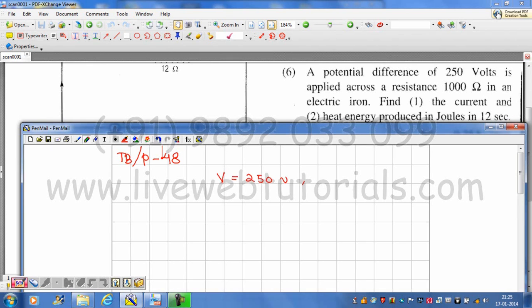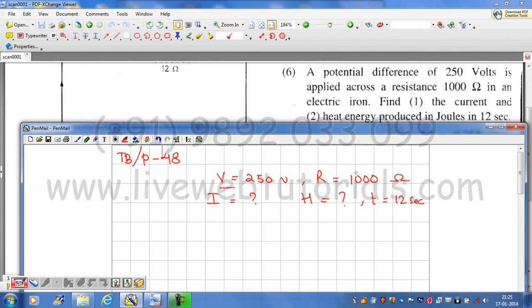The second thing that is given is the resistance, that is 1000 ohms. We are supposed to find the current and the energy produced in joules in 12 seconds. So current, that is I, is supposed to be found, and we are supposed to find out the energy produced, that is heat energy produced in joules in the time 12 seconds.